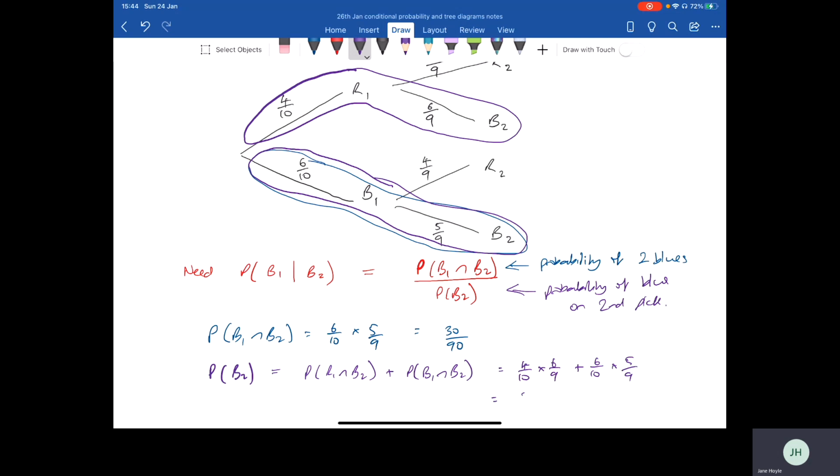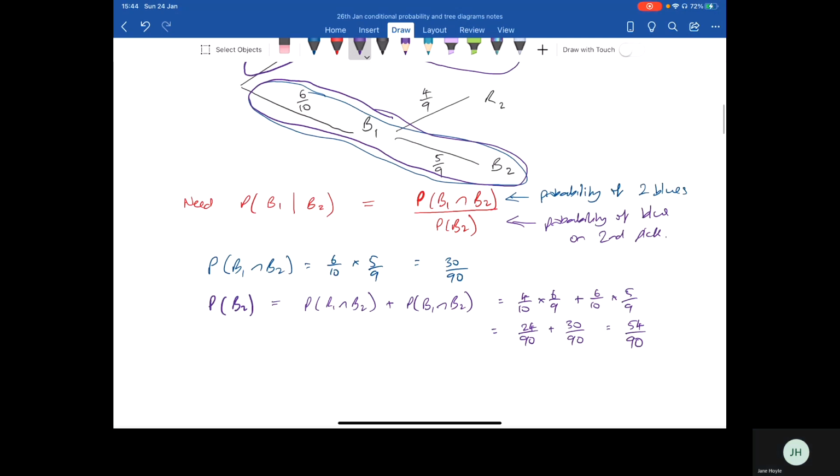Here again, you can see why it's tempting to cancel fractions, but if I cancel fractions, I'll spoil that lovely common denominator that I've got there. So I've got all these fractions that have the same denominator of 90. I've got my two answers.